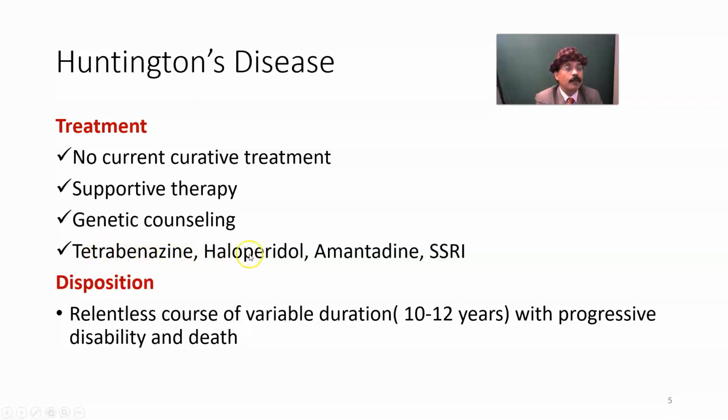Haloperidol, the old-time neuroleptic drug. Amantadine, and SSRIs, selective serotonin reuptake inhibitors, are used for depression in the patient. But the most important treatment is the supportive therapy. Disposition: relentless course of variable duration, 10 to 20 years usually, with progressive disability and death.